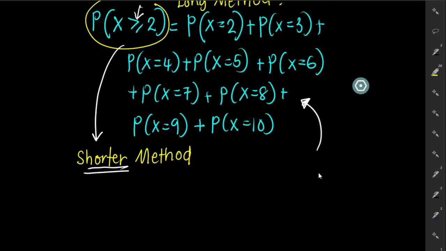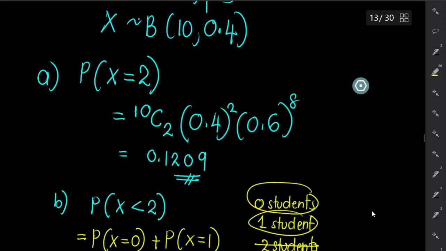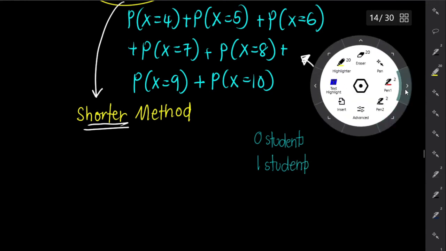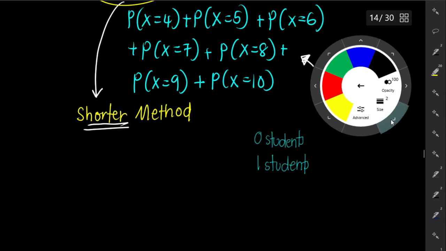So at least two students. So students who don't wear glasses will be how many students? Zero students, or maybe one student. So these are the only two options we have. Zero students wear glasses or maybe one student wear glasses.